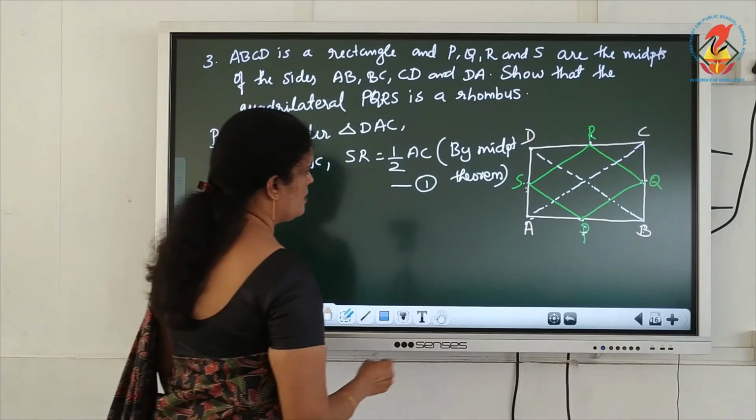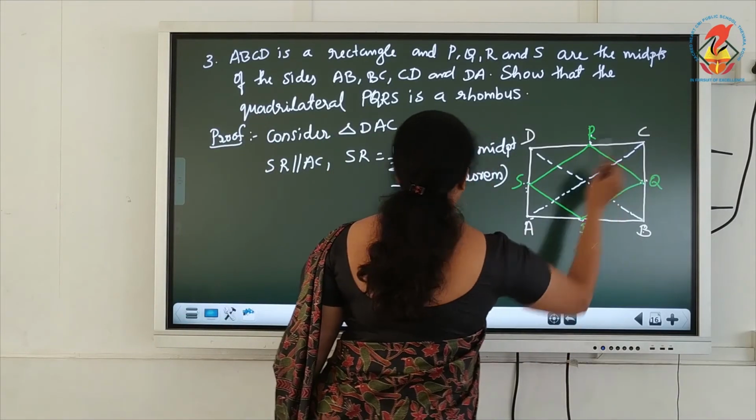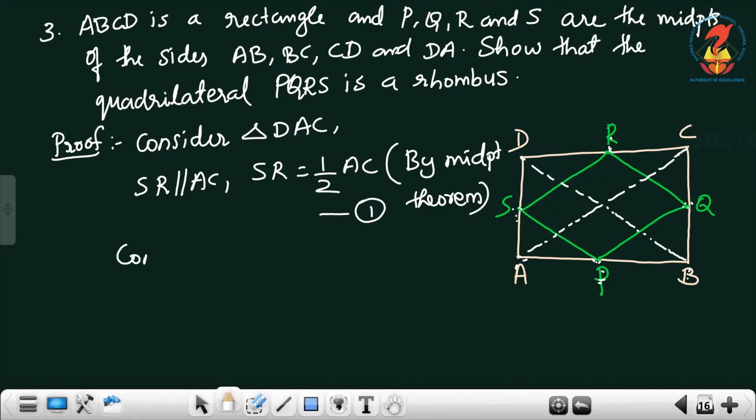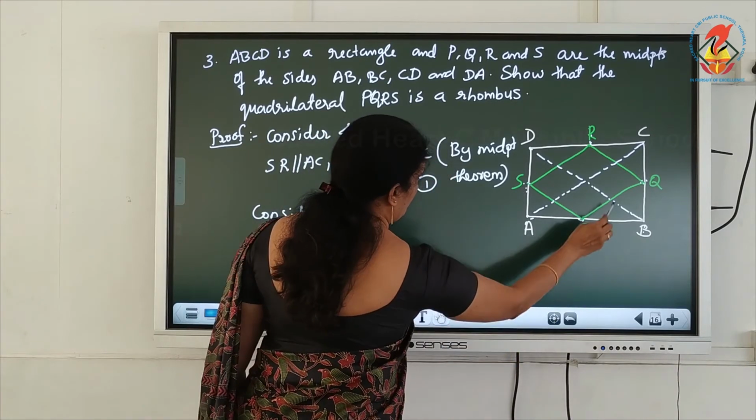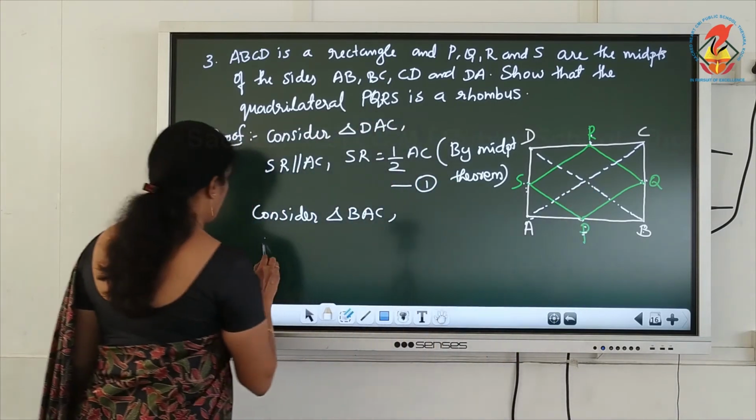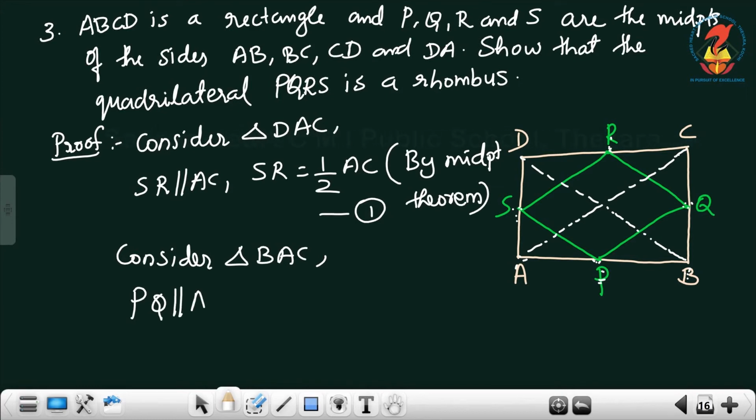Next, consider triangle BAC. PQ is parallel to AC, and PQ equal to half AC by the midpoint theorem.